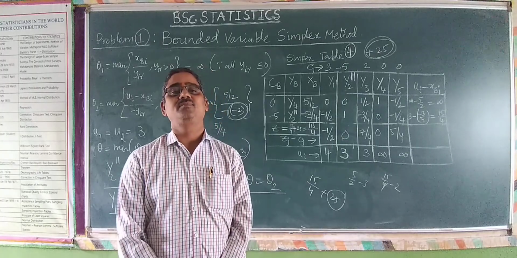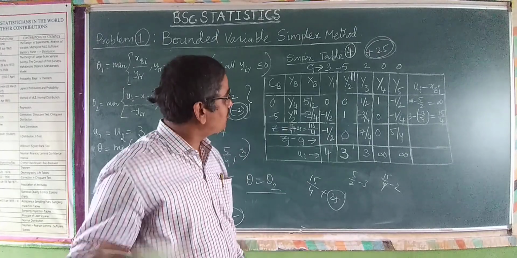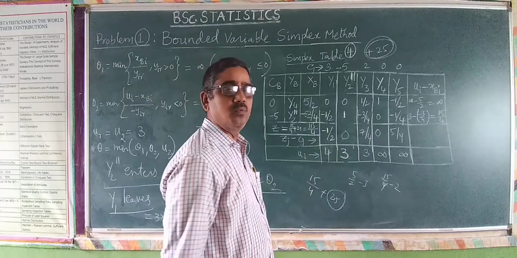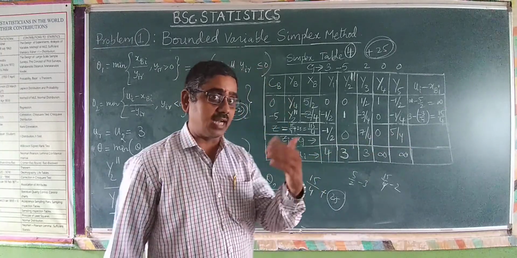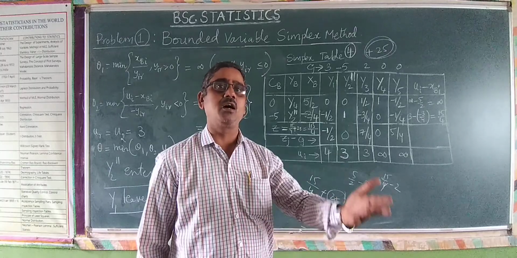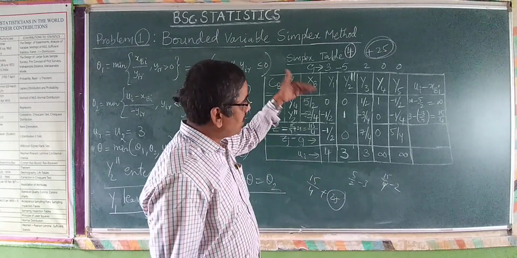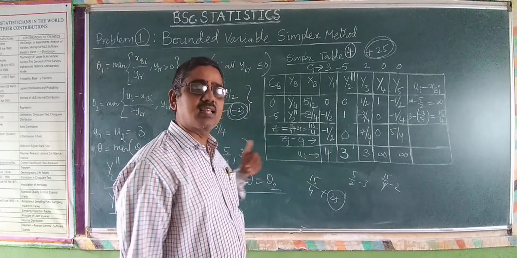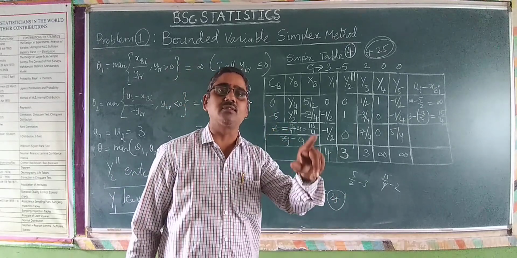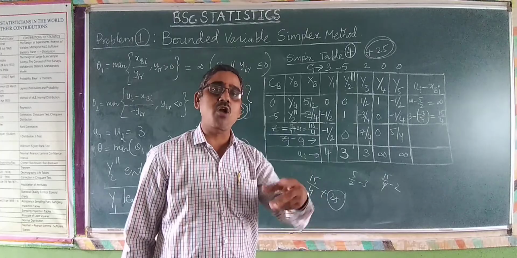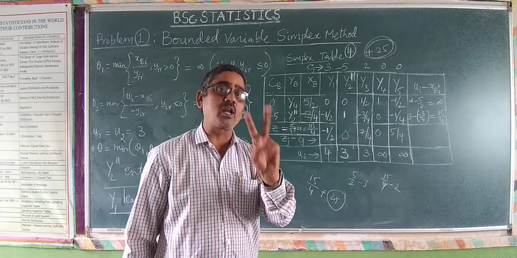Now you observe here minus 1 by 2. Now observe the net evaluations here, and you have to reconsider that. Of course, simplex table 4 and the simplex table 5 I draw are both of the same case. In this case, we are doing two simplex tables.